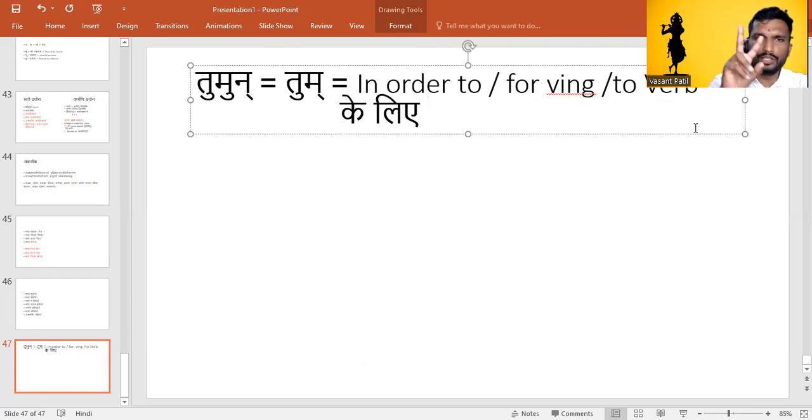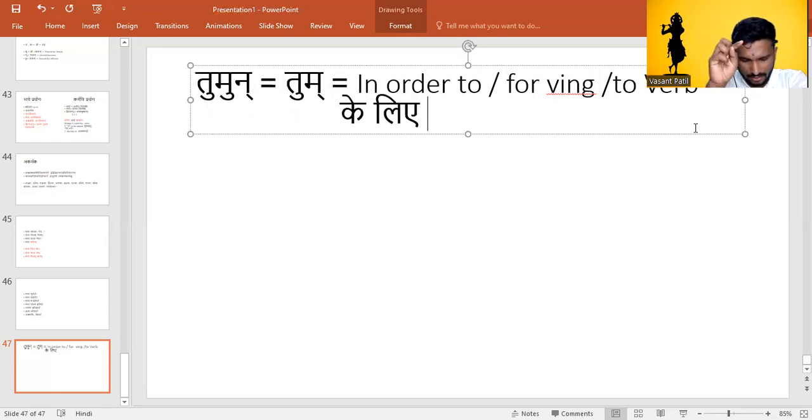Means when two actions are happening, one after the other, then in one action, this tumunta pratyaya is used. Like going is one action, like going to school. But studying is another action. So the sentence will be, in order to study, I go to school. So study is one action and going is another action.